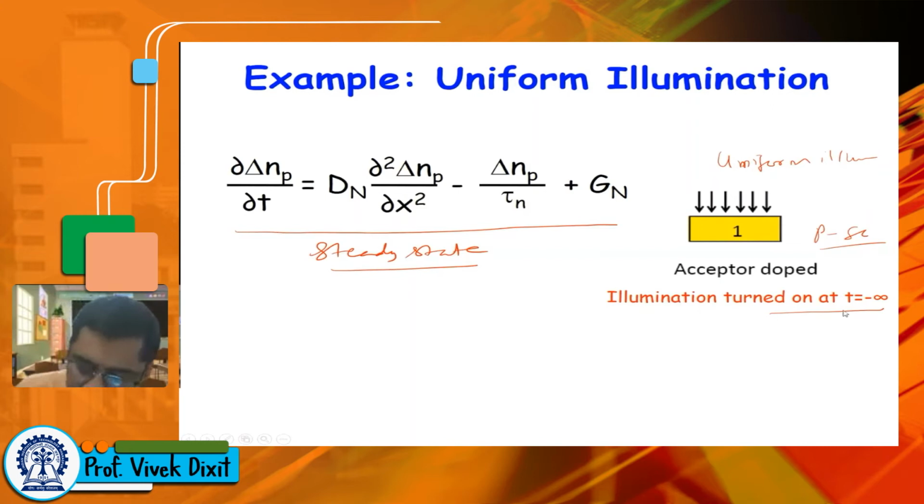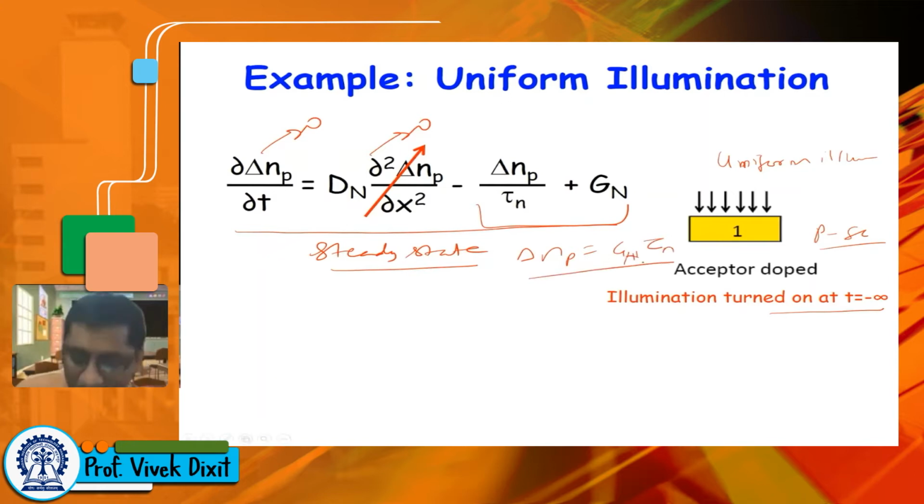If it is at t equal to minus infinity, then it is in steady state. That means your dn by dt will become 0. Now it is uniformly doped, so this term will also become 0. So delta np will become the generation rate times tau n.